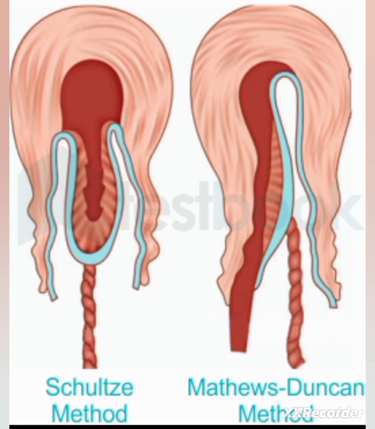During the third stage, there will be signs of placental separation, and the placenta can be separated by two methods, central separation and the Matthews-Duncan method. And the placental expulsion is done by bearing down efforts or by manual procedure.